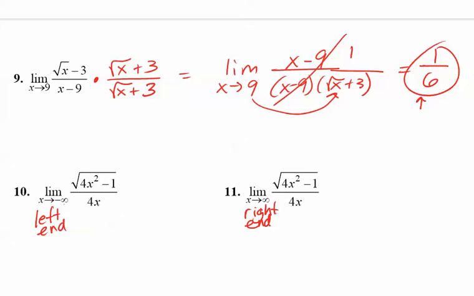There's more than one way to think about this, but notice that as x gets close to negative infinity, the -1 term is going to become negligible. And the square root of 4x squared is going to be the absolute value of 2x.